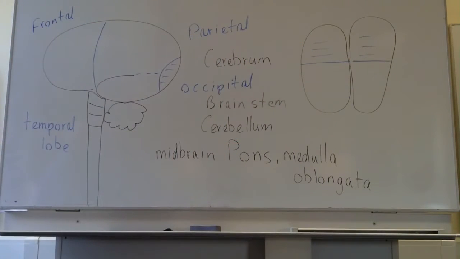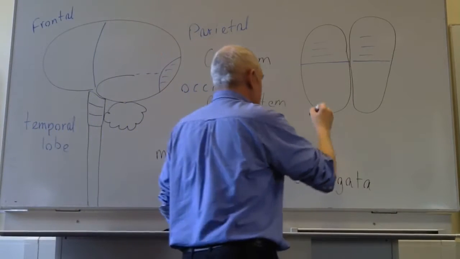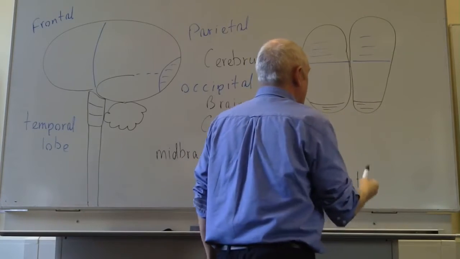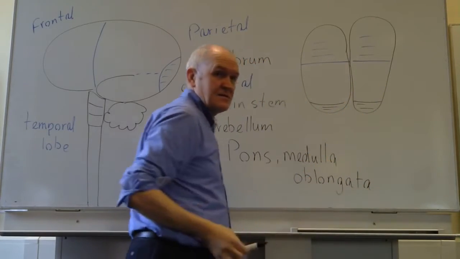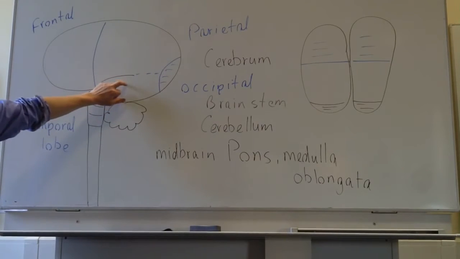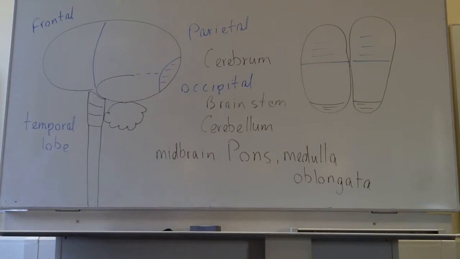And then depending on your angle you might see a bit of the occipital lobe at the back. That would be the occipital lobe, and that would be the parietal lobe. And if you're looking at it from on top, you wouldn't see the temporal lobe. So the brain's in 2 halves, 2 cerebral hemispheres, one on the right side, one on the left side.